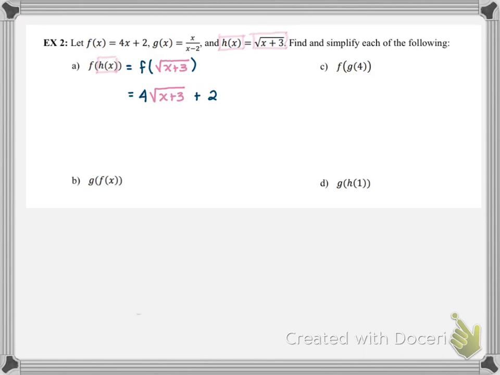Because all of these have x's in them, it gets really confusing if we think of f as 4x plus 2, because then we've brought an x into it. So you just want to think of it as what it does to its input. So f does 4 times the input plus 2, so if our input is the square root of x plus 3, we do 4 times the square root of x plus 3, plus 2.